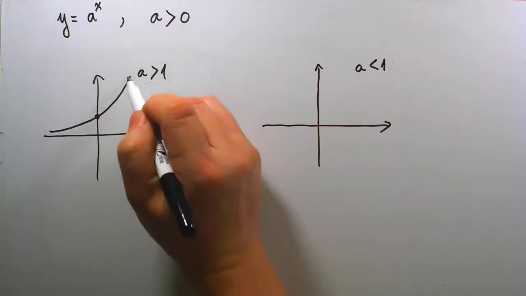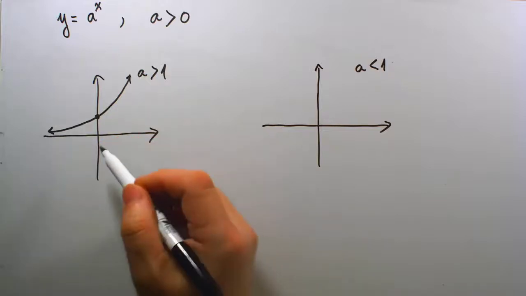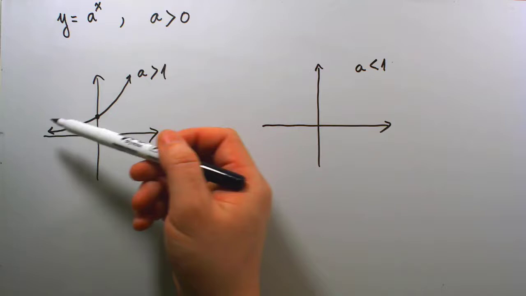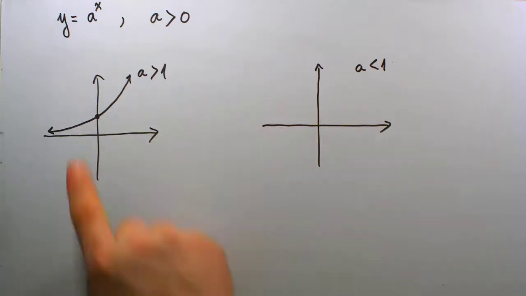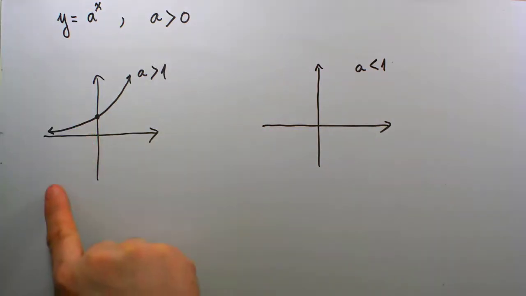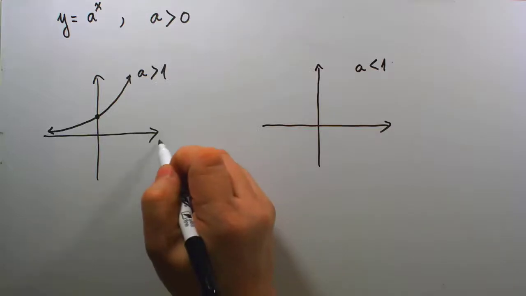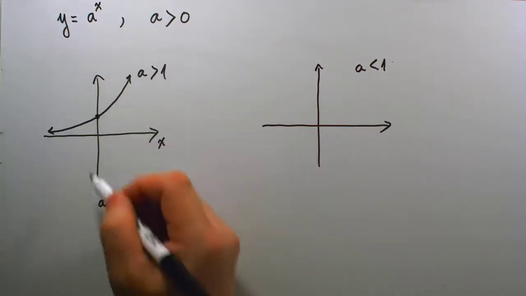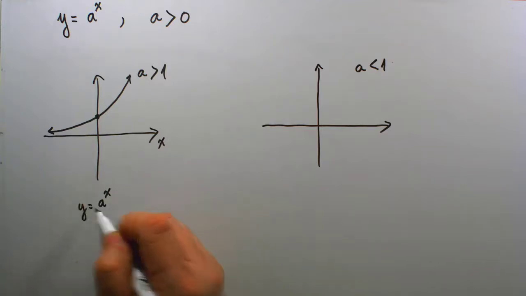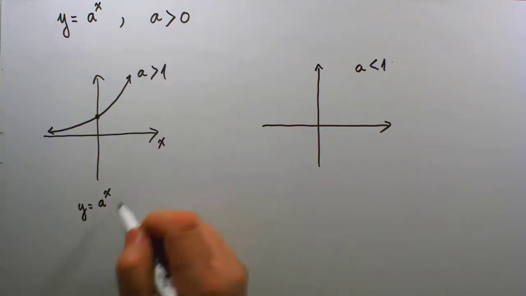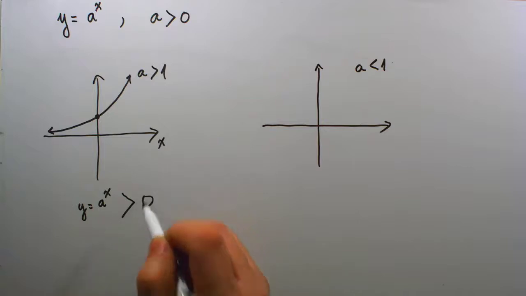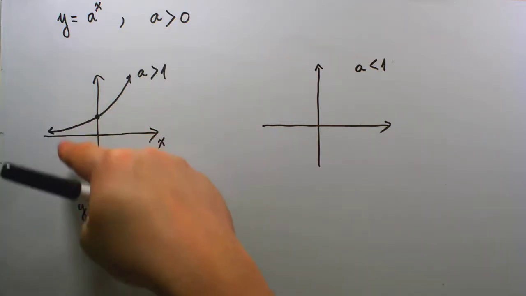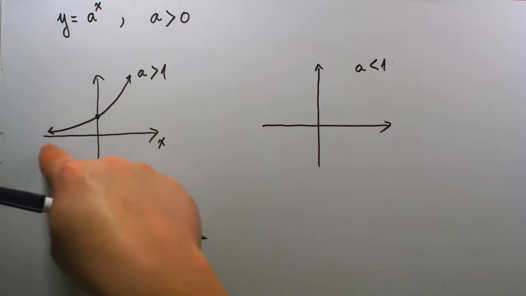But notice, if we look back at this form right here, the graph never sinks below, meaning the graph itself will never go below the x-axis. In other words, for the exponential function in this case, we can graphically explain that the y value is always positive. The y value will always remain positive, not even touching the x-axis.